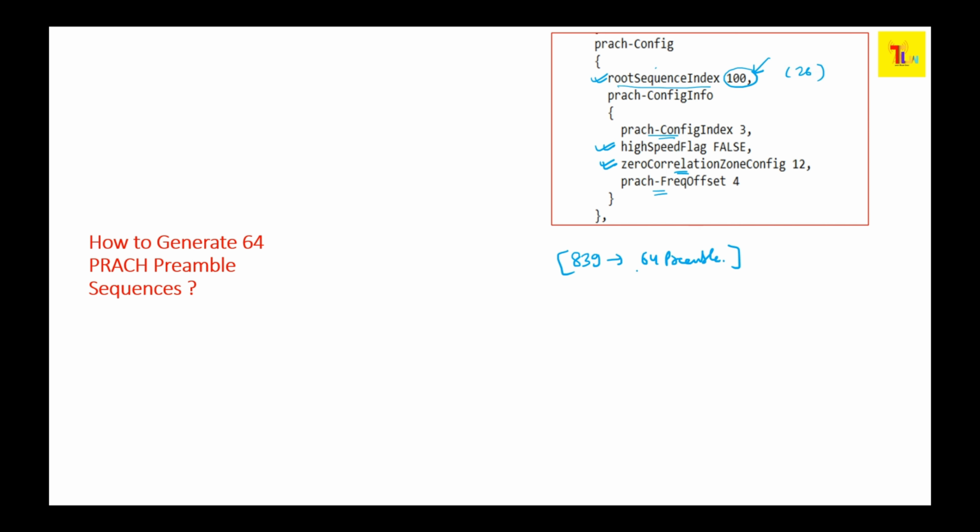The 64 preambles are the words made from these particular alphabets. Now the question comes how. The root sequence index gives the starting point. Let's suppose I take 100, as we have said, it is going to tell this is the starting point from where you are going to generate the sequence.